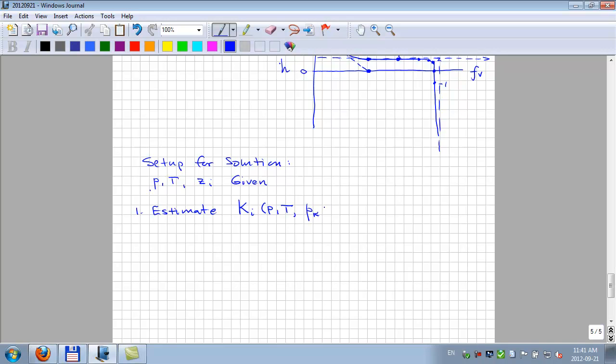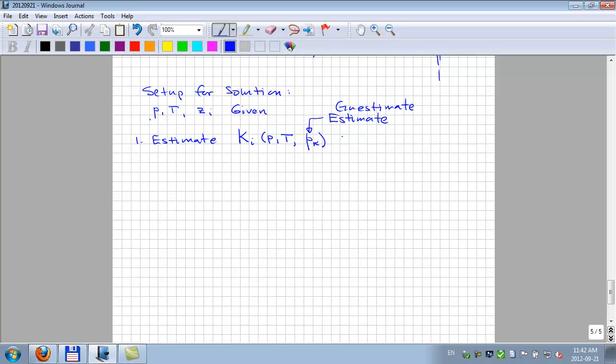To do that, we have to estimate, or more properly, guesstimate, not a word, but assume something. Actually there are ways to come up with a reasonable estimate, but you have to figure out something there. You need the K values.